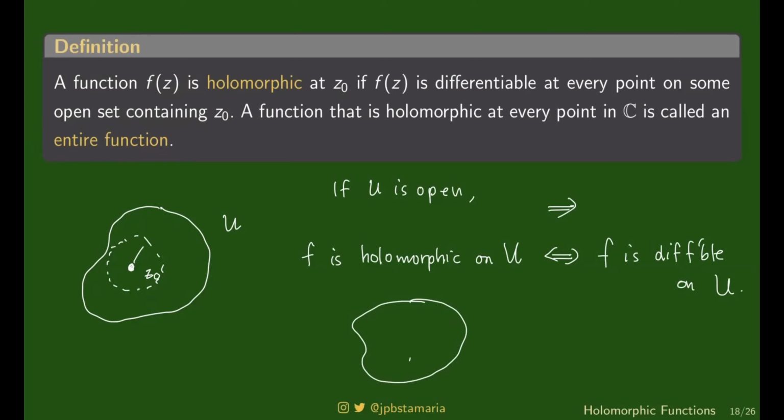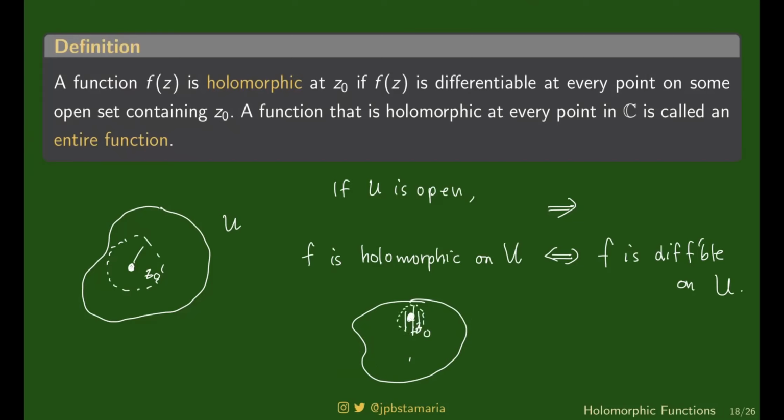Kasi may mga examples tayo na differentiable ka lang dun sa point na yun and nowhere else. So, hindi yan holomorphic dun. Correct? Kaya kapag pinag-uusapan ay open sets, kapag differentiable ka on an entire open set like this, holomorphic ka pa dyan. Kasi pag kumuha ka ng arbitrary point in an open set, laging may open disk around it, nandiyan pa rin.